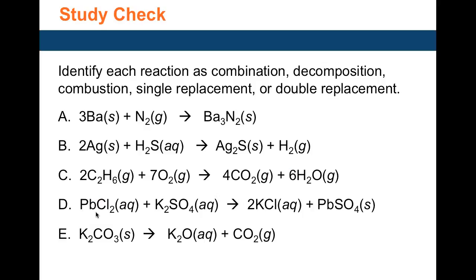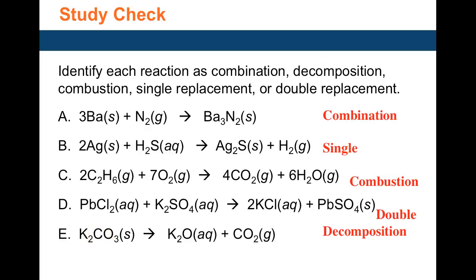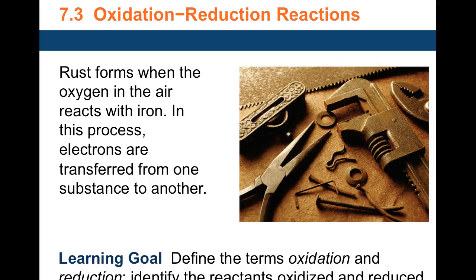And this is exchange of dance partners because the lead sulfate is coming out as a precipitate, and the two in the middle are coming together. And then this one is breaking up. Potassium carbonate is breaking up into two products. So this is a decomp. And we will stop here.